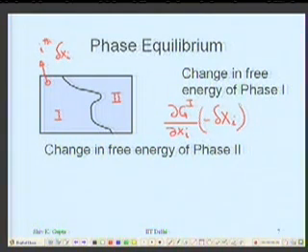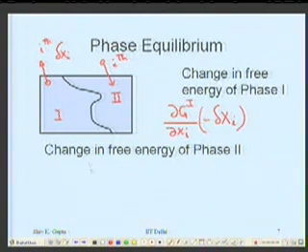Now I have removed one atom from the system, so the mass of the system has changed. When I am given a system, mass cannot change. So let us put this atom back in phase 2. The same atom is put back, so I have changed the free energy of phase 2 also.